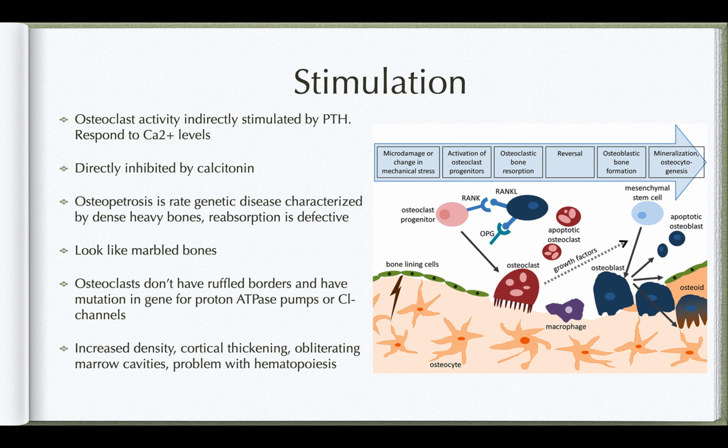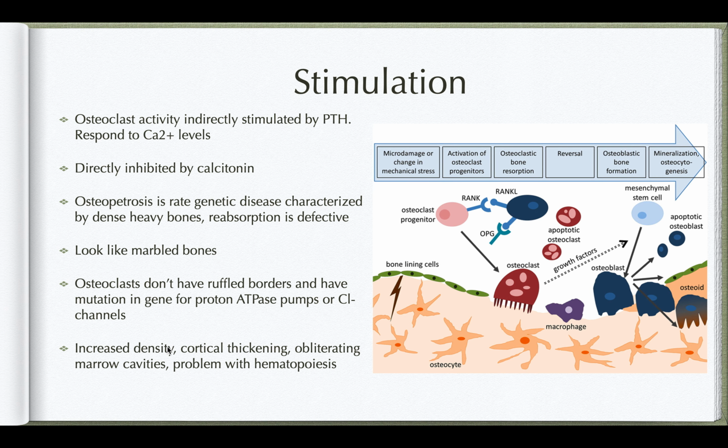Osteopetrosis is a rare genetic disease characterized by dense, heavy bone where resorption is defective and the bones look marbled. Osteoclasts won't have the ruffled borders, and there's a mutation in the gene for the proton ATPase pumps or the chloride channels.